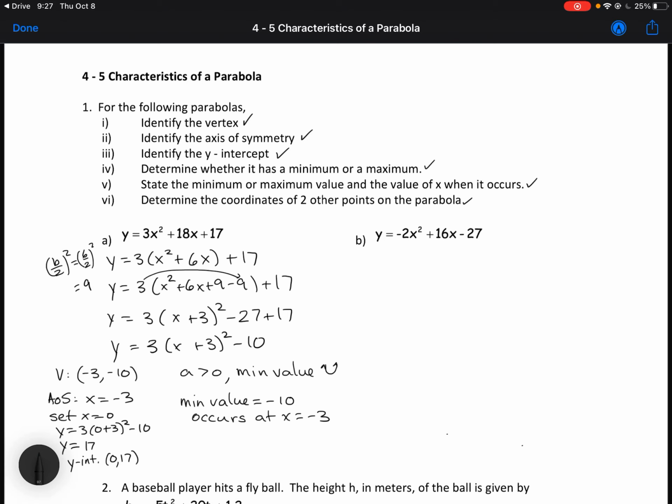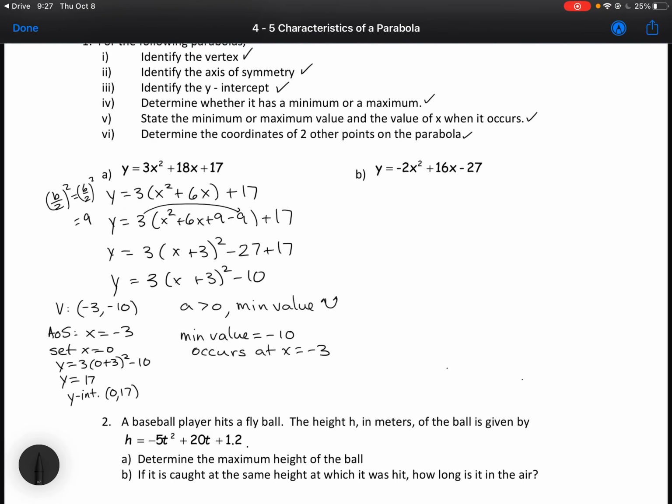The last one is determine the coordinates of two other points on the parabola. So here you can substitute in whatever you would like. I'm going to look at x equals 1 and at x equals minus 1, because those are easy numbers to substitute in. So y equals 3 times 1 plus 3 squared minus 10.